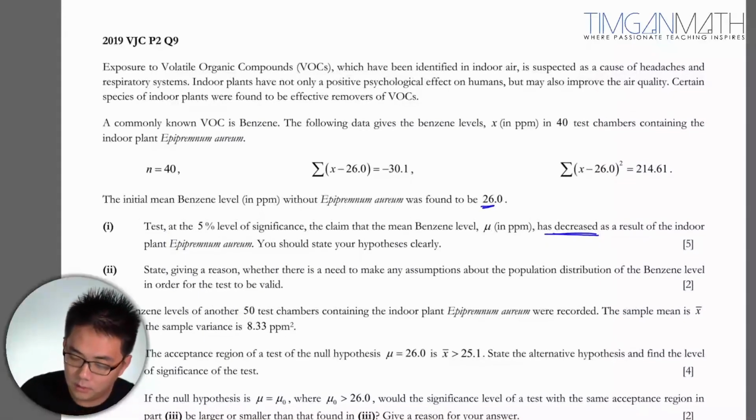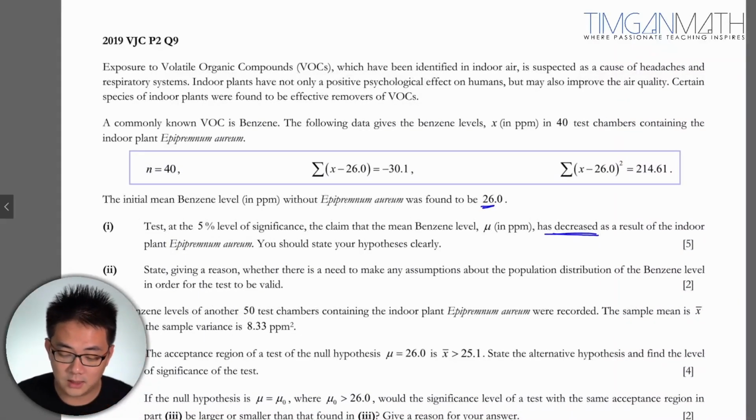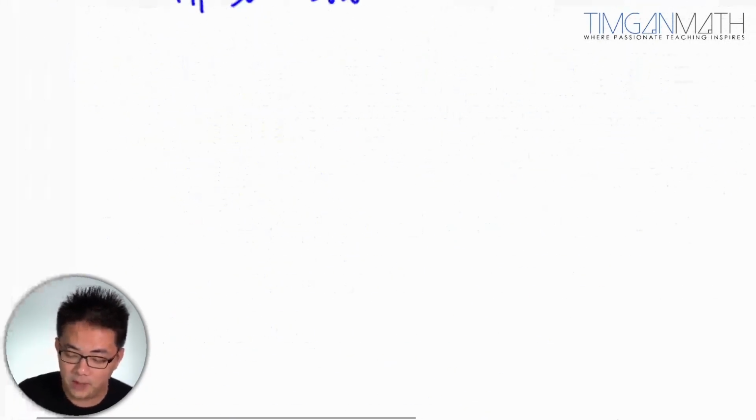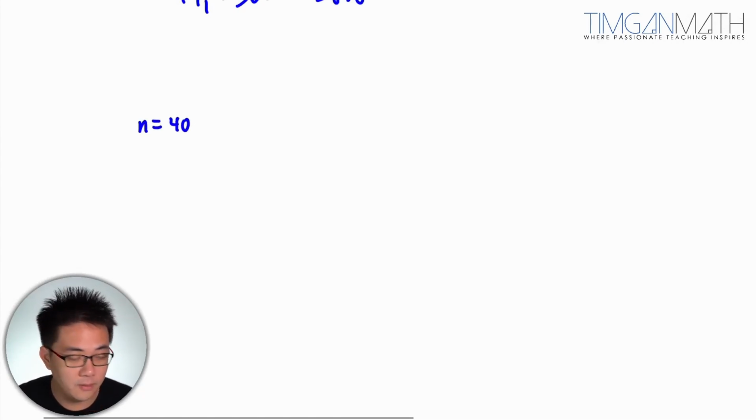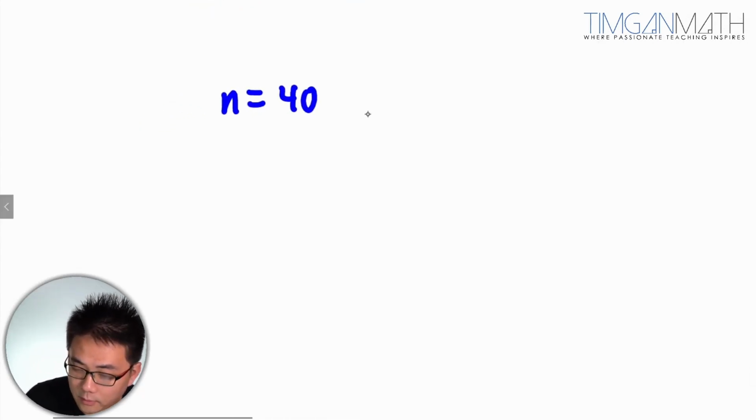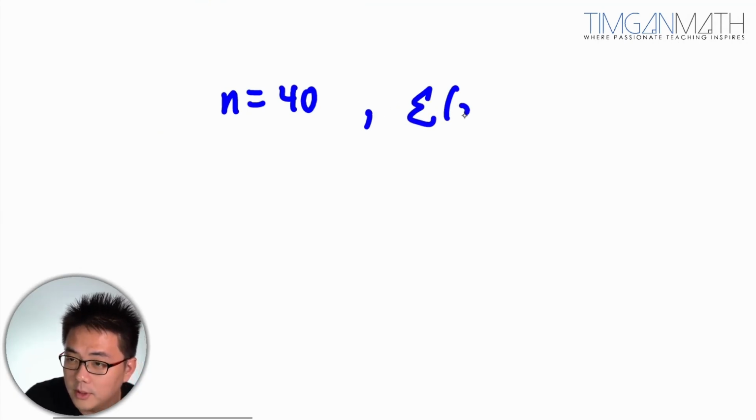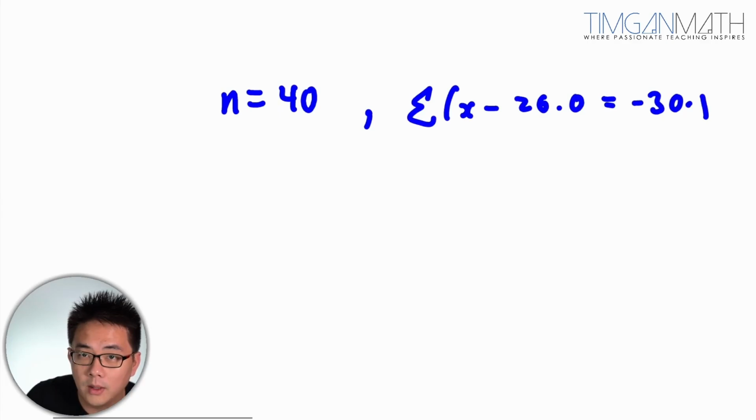This is a sample of 40, meaning to say this is our sample data. We want to test whether it has decreased by looking at this sample data here. Let's see how we can find our X bar, the sample mean. So n is equal to 40, and summation of x minus 26.0 equals negative 30.1.